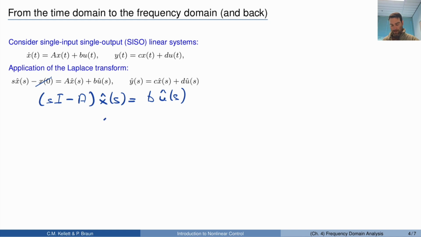Under the assumption that this matrix is invertible, we obtain x hat of s equal to (sI minus A) to the power minus 1 multiplied with B u hat of s.